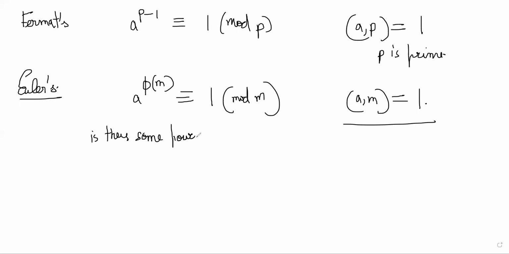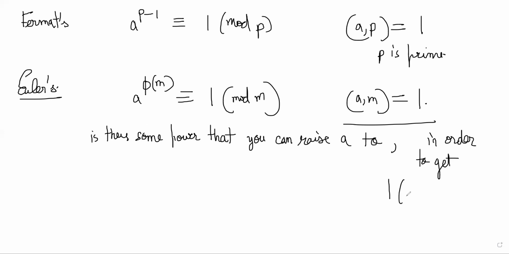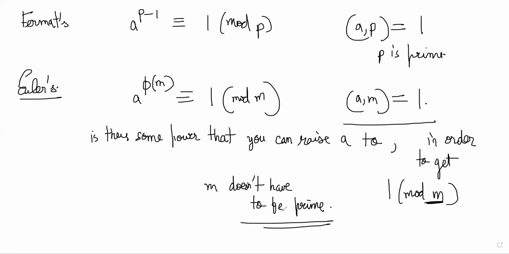some power that you can raise A to in order to get 1 mod M? And M is no longer a prime here. M doesn't have to be a prime. So you can easily see that this Euler's theorem is a much more general case.